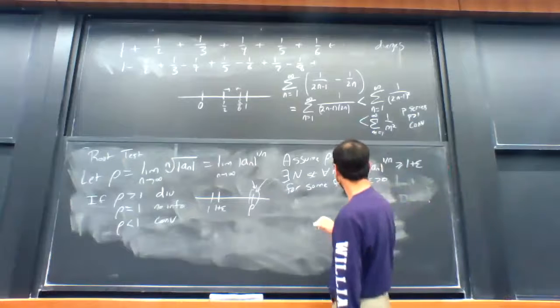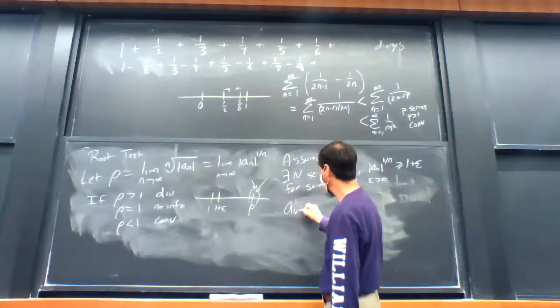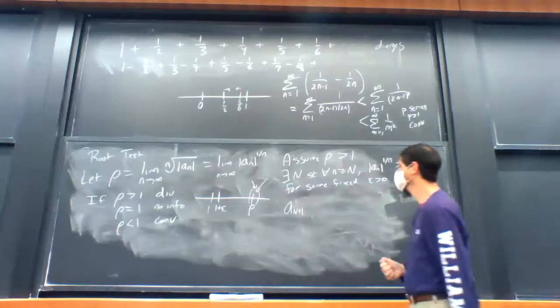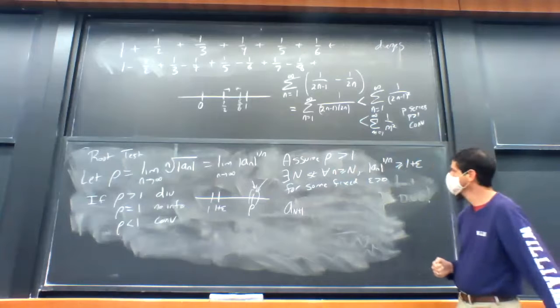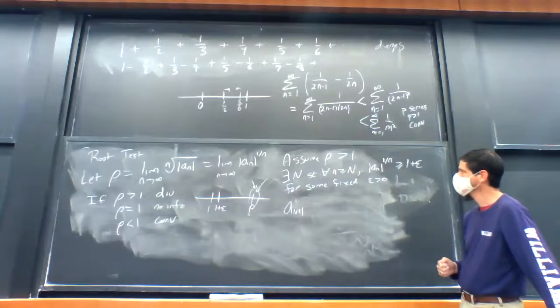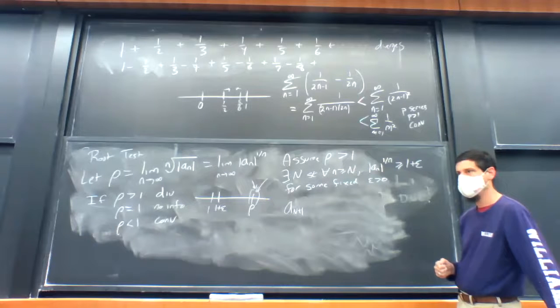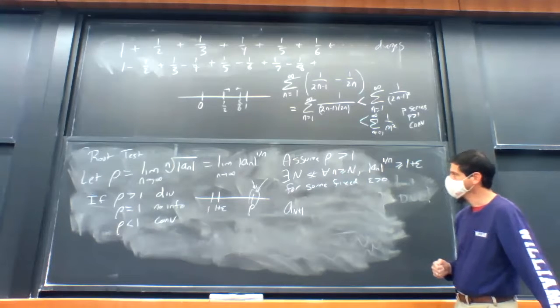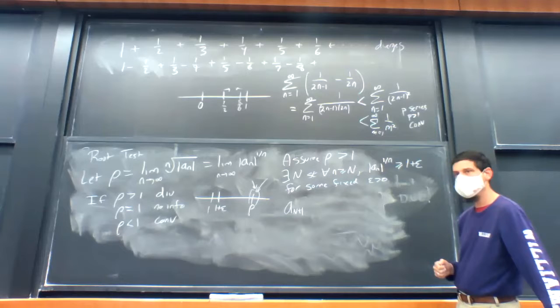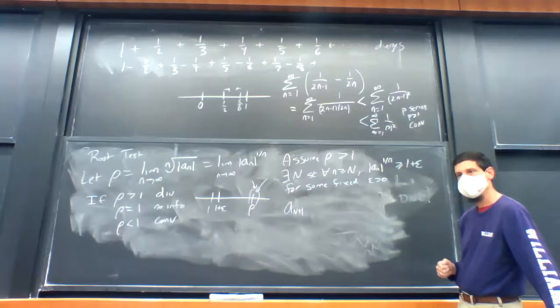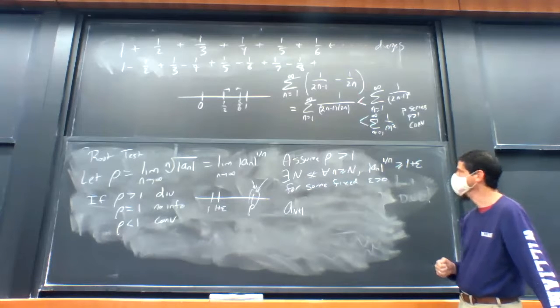So now let's look at what happens. So a_{n+1}. What would that be? What do you think that's going to go to?